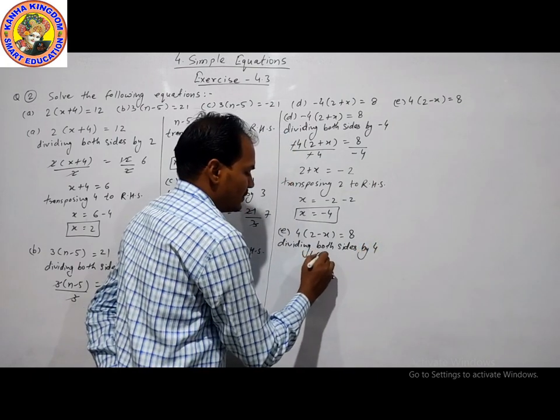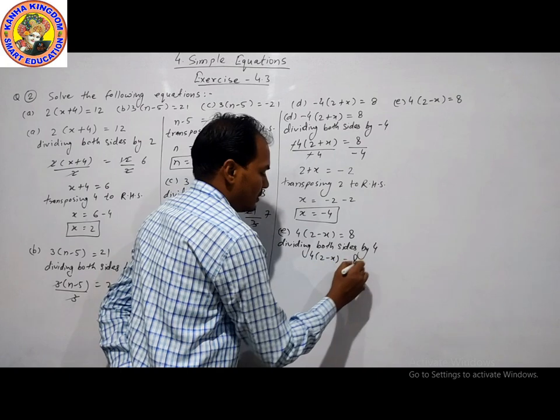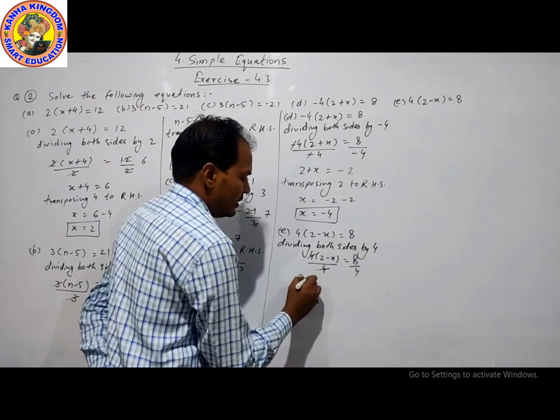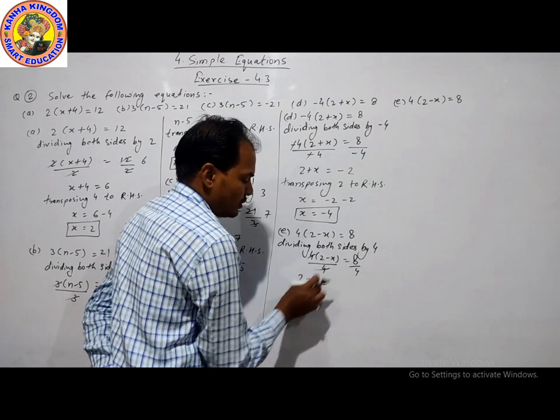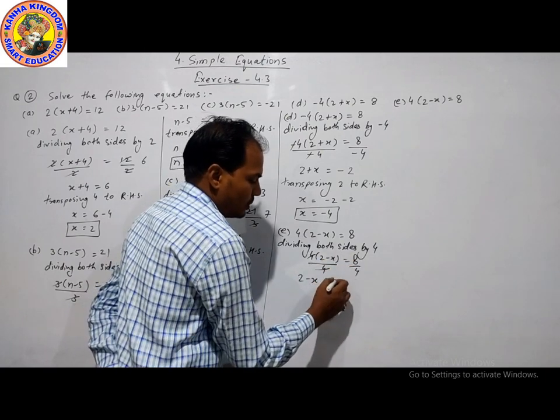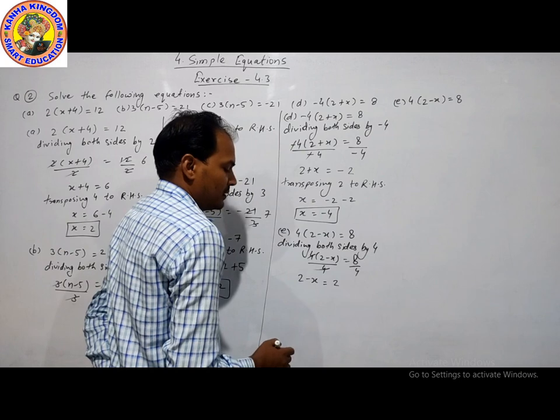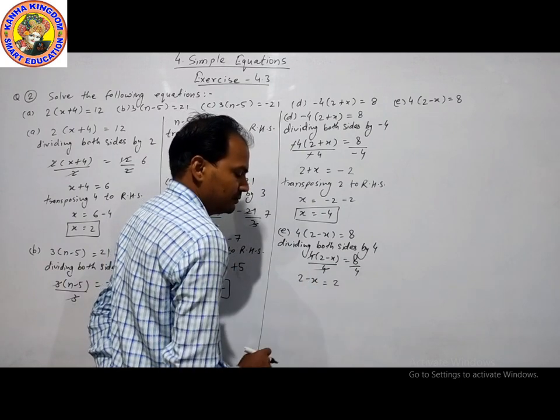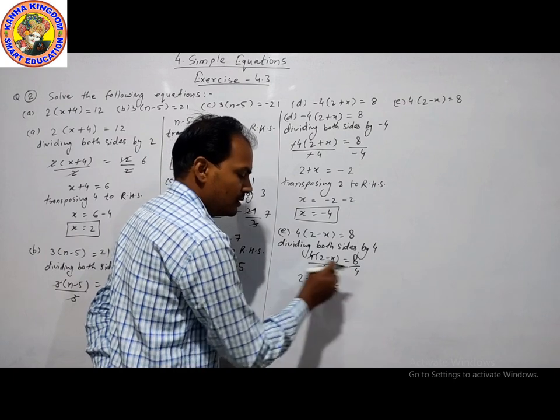The equation is 4 into (2 - x) is equal to 8, dividing by 4. 4 and 4 can cancel. 2 minus x. Here is 2. Now transposing 2 to the right hand side.